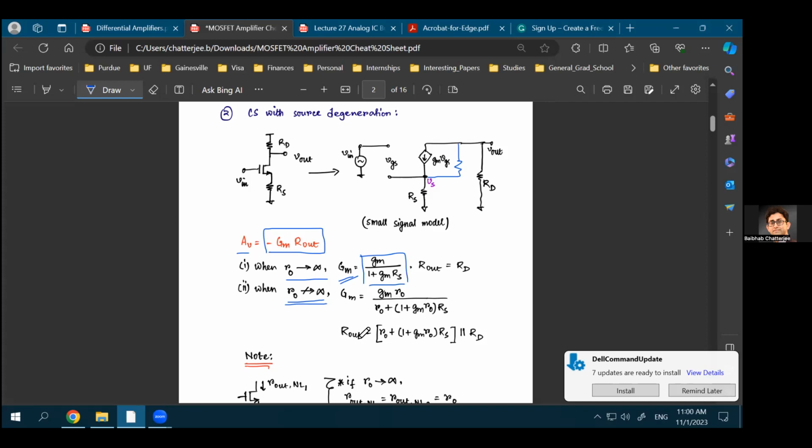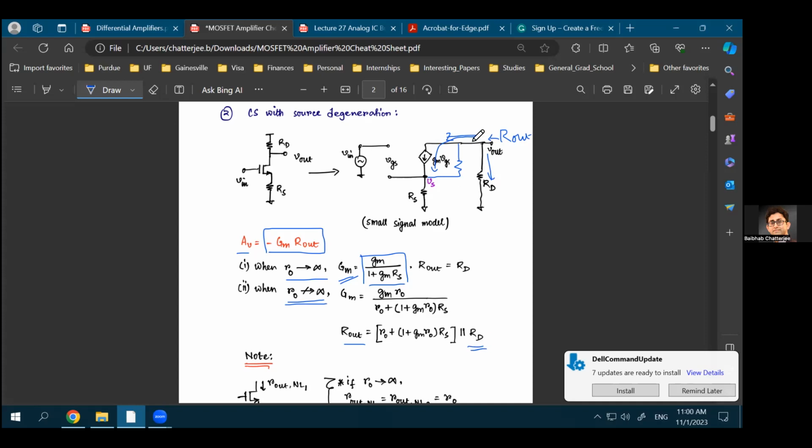And your Rout equation, so Rout is basically the resistance looking into, let's say, this is the final Rout at this point. So that's the resistance looking here, which will be a parallel combination of the resistance looking into this side and the resistance that you see here, which is RD.